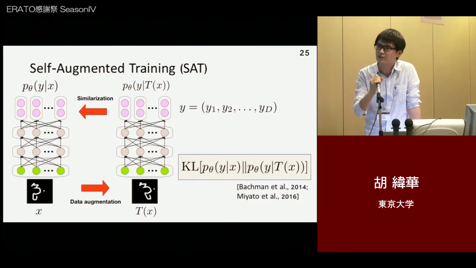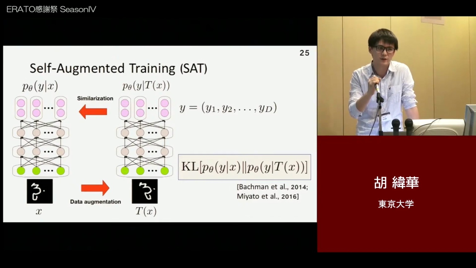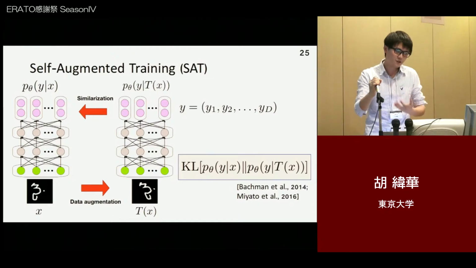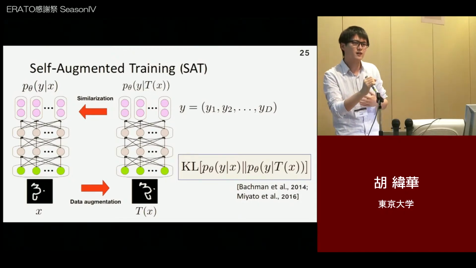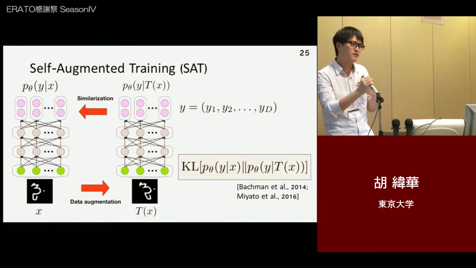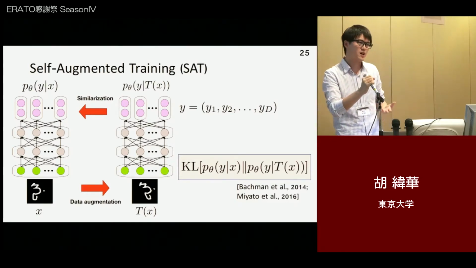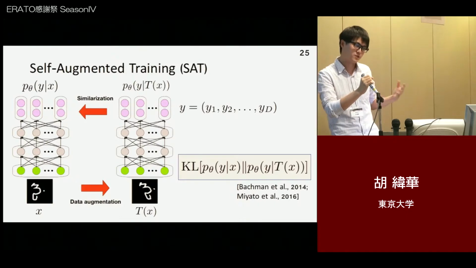Then our regularization is to try to make these two predictions similar by minimizing the KL divergence between the two predicted probability distributions. So by using this regularization, we expect that the predicted discrete representation exhibits the intended invariance that the user has specified previously.